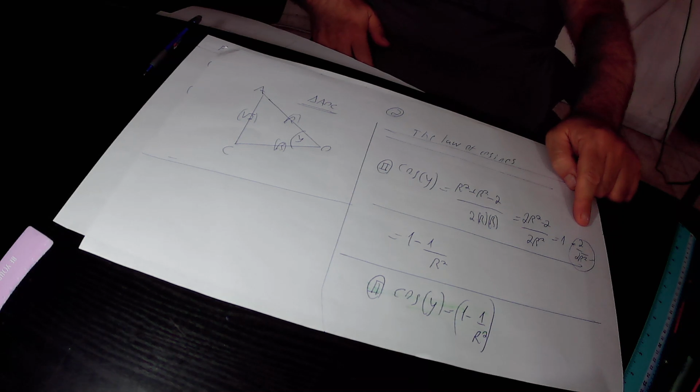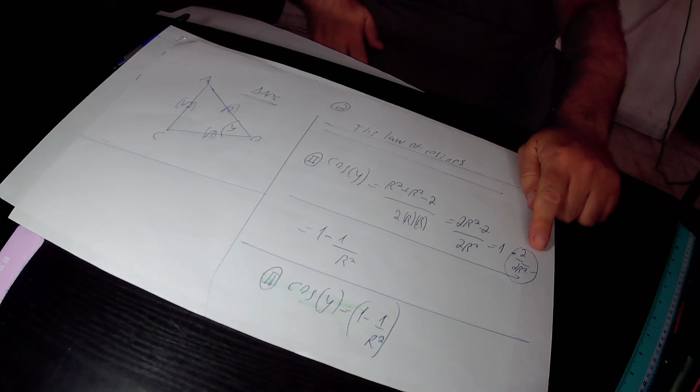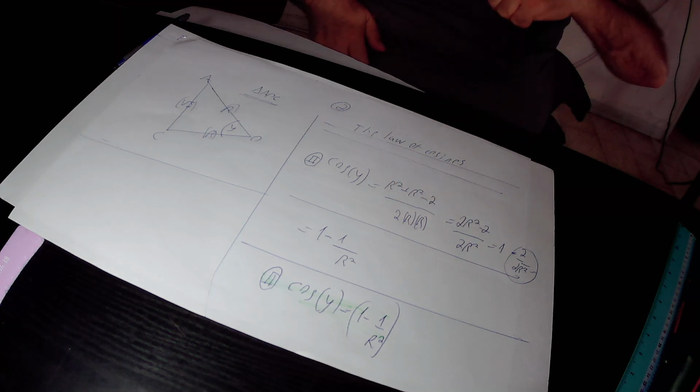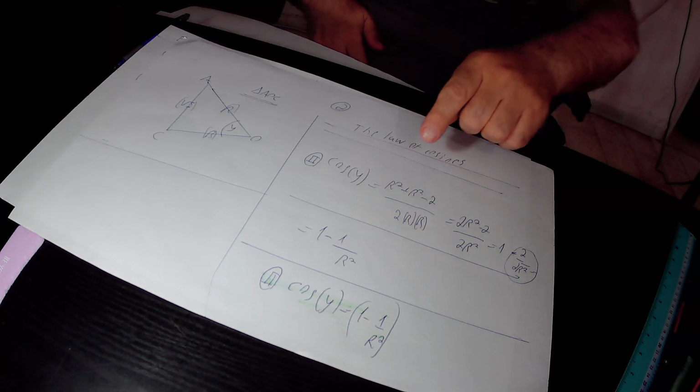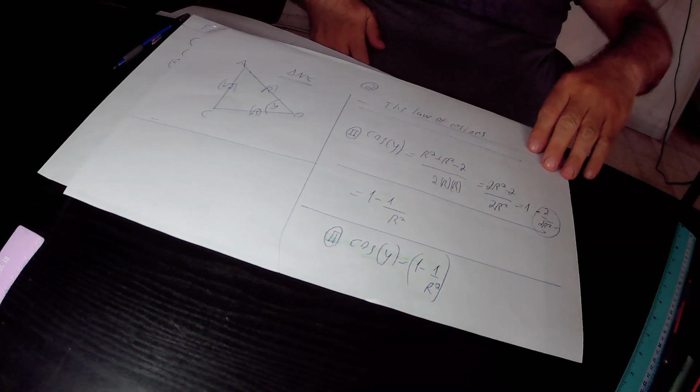So cosine Y equals 1 minus, here we divided both the numerator and the denominator by 2, and minus 2 over 2 is minus 1, and 2R squared over 2 is R squared. So in total we found out that according to equation 2, cosine Y equals 1 minus 1 over R squared.